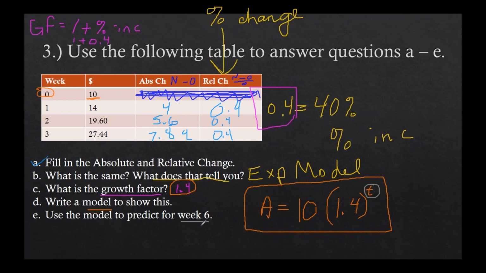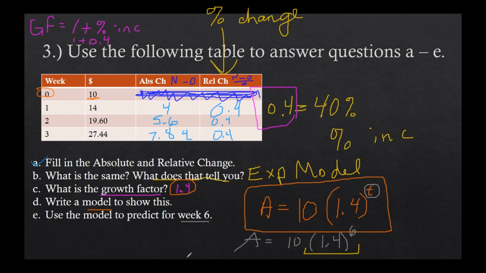Weeks are time, so we're going to take our a equals 10 times 1.4 raised to the 6th power. Depending on your calculator, this should look an awful lot like compound interest, if you remember doing that from section 20. We do the exponent first, then multiply by 10.